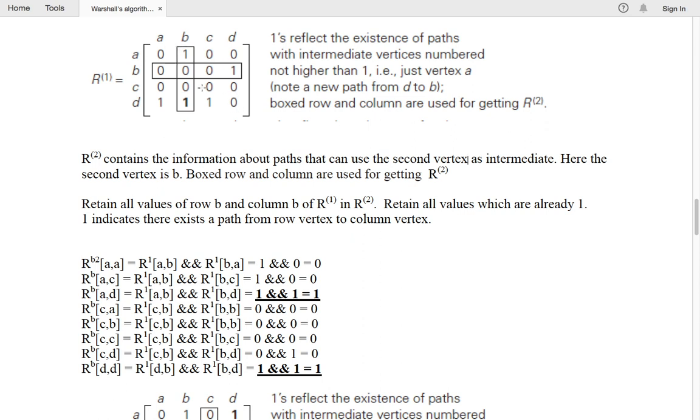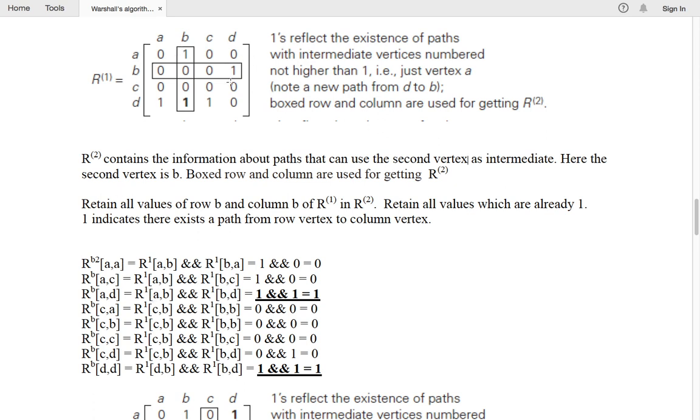Now I am considering B as the intermediate vertex. So my K becomes B, which is nothing but 2 in my numbering. So A to A is A to B, B to A of 1. So look at the previous values. A to B is 1, but this is 0. AC, AB, BC. So AB, BC again 1 and 0, 0. Now consider AD. So AD is again AB, BD.